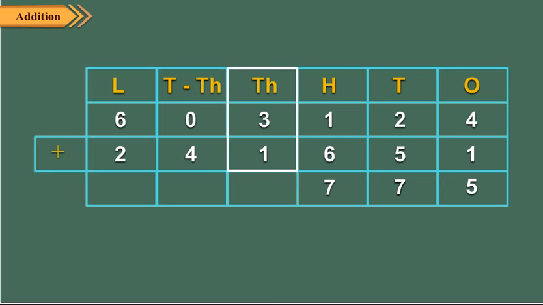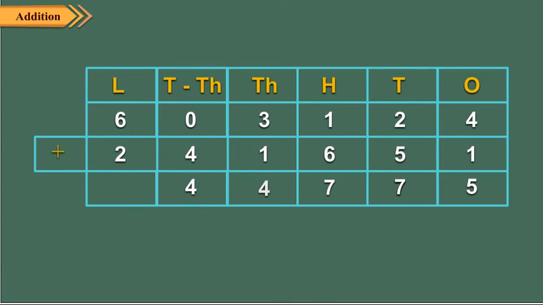Write 7 in the hundreds place. Add thousands. 3 thousands plus 1 thousand is equal to 4 thousands. Write 4 in the thousands place. Add ten-thousands. 0 ten-thousands plus 4 ten-thousands is equal to 4 ten-thousands. So write 4 in the ten-thousands place.